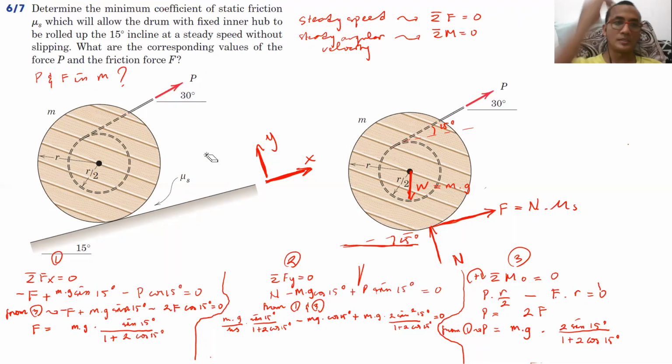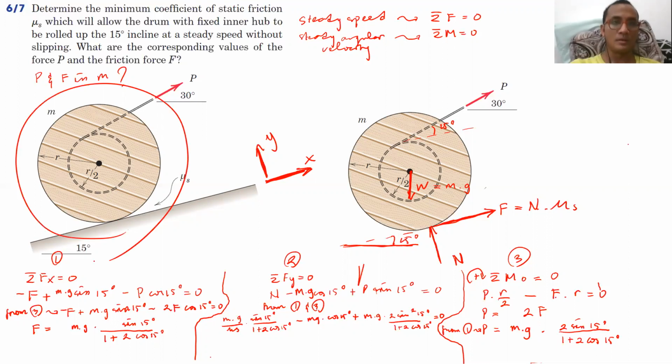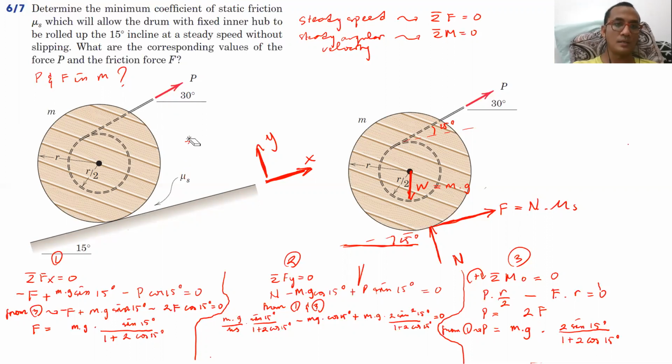So as you can see, there is a drum there, and the drum is pulled by force P with the angle of 30 degrees from the horizontal, and the drum itself is rolling at the inclination of 15 degrees.